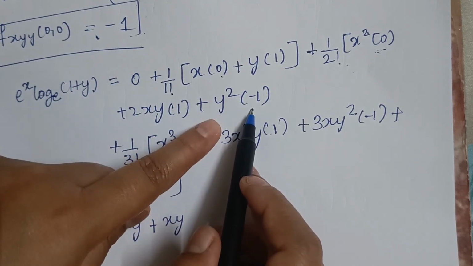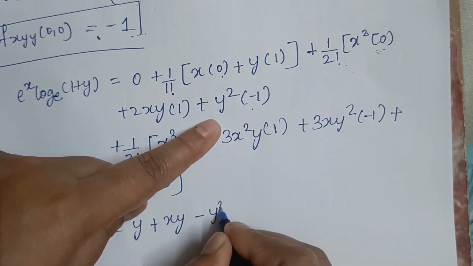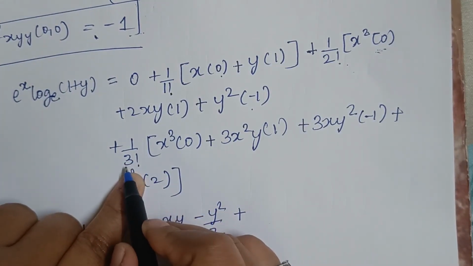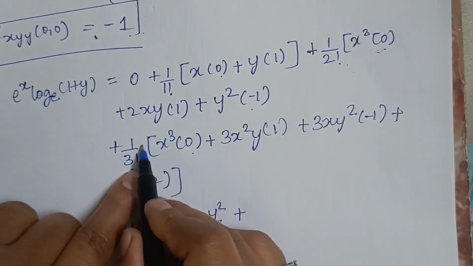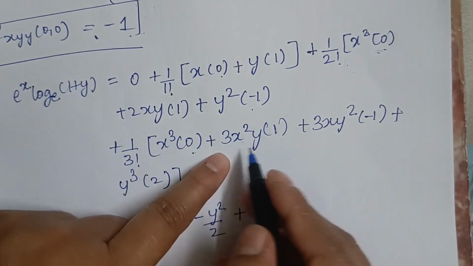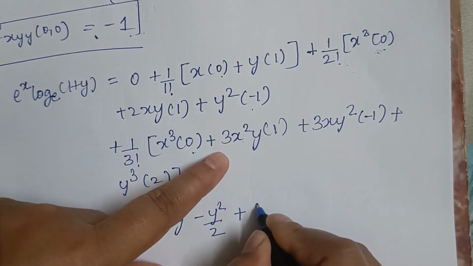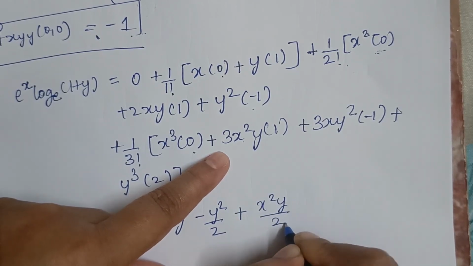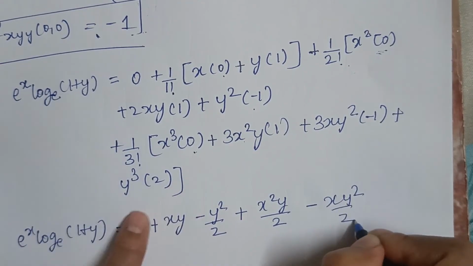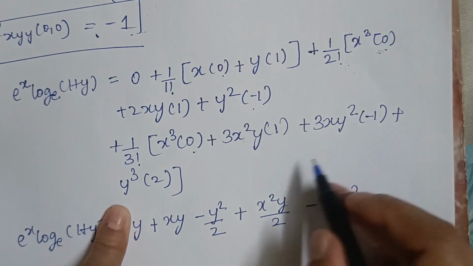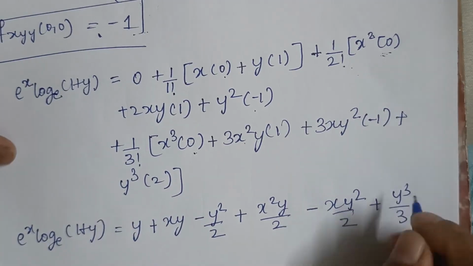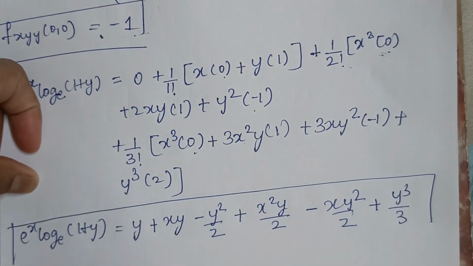This is minus y square, so minus y square by 2, plus 1 by 3 factorial, I'm just assuming this is 6. 1 by 6 into 0 is 0, and 3 by 6, I'm just multiplying this inside. So 3 by 6 is 1 by 2, so x square y by 2. This is going to be minus x y square by 2, plus y cube by 3. Hence this is the expansion.